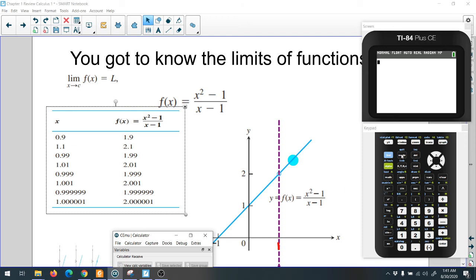Here, using the graphing calculator, we can graph that. Quickly, if you want to graph it, open x squared minus 1, close, divide by x minus 1, and then graph.